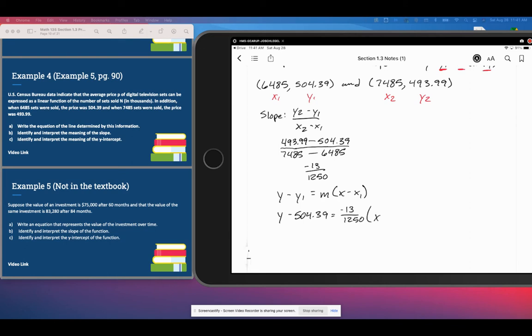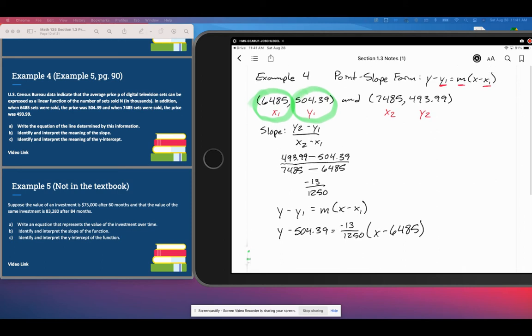Then we have our x value minus x1 is 6,485. And again, I got that from right here where we identified both the x1 value and the y1 value that were going to go into this point slope form equation. So everyone, that does do the job of creating an equation that represents the relationship between these two things.